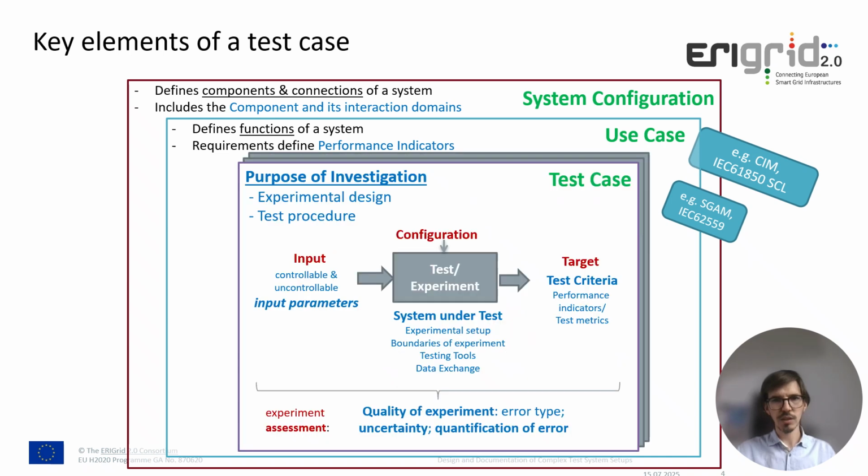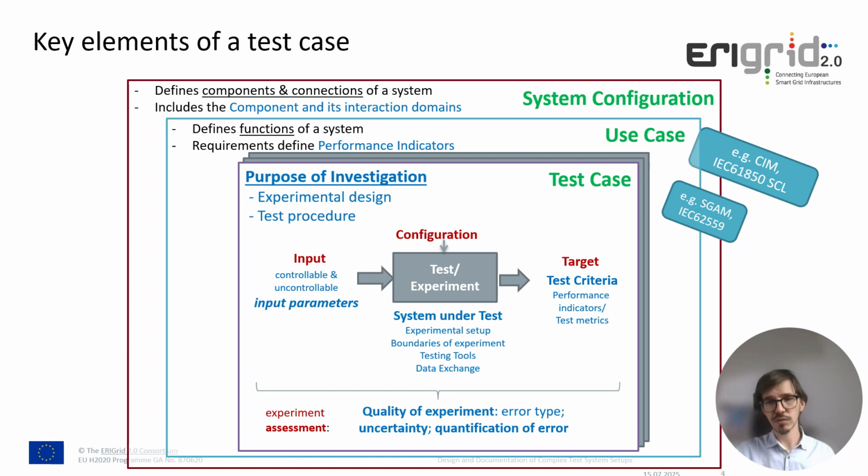To this end, we have to define a test case where we define what we want to find out, the purpose of investigation. We need to define the inputs of the test. We need to find the targets or test criteria.